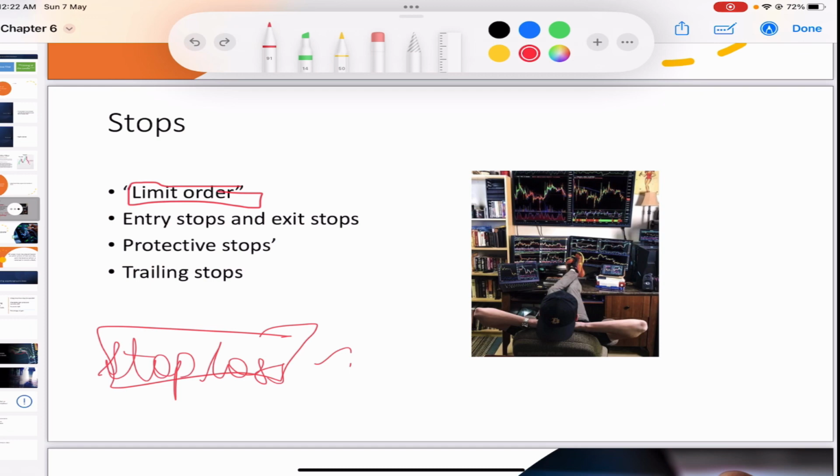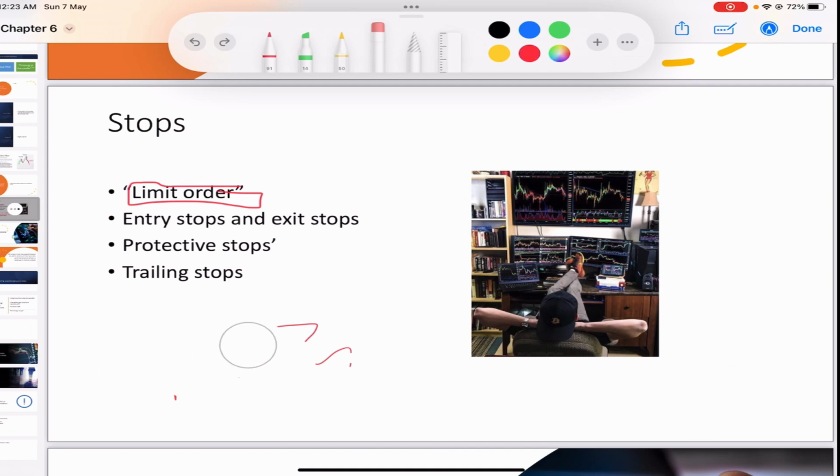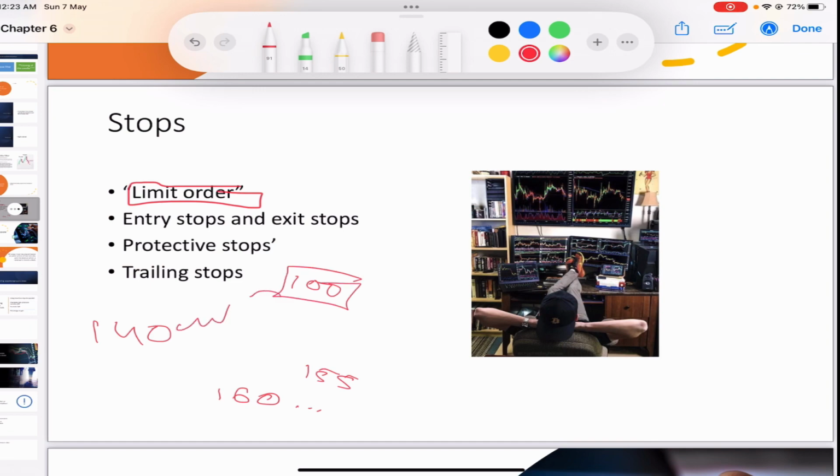And trailing stop. What do you understand by trailing stops? Let's say the price at which I bought a good was 140 rupees. So my target is 160 rupees, okay, and my price has already reached 155. My initial stop loss was at 100, which meant the moment the price falls to 100, I get exited out of the market.